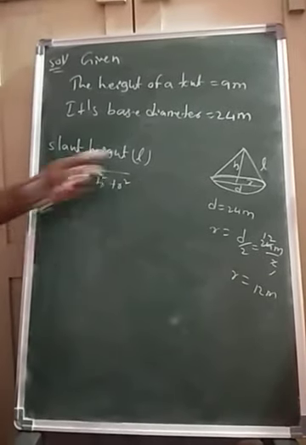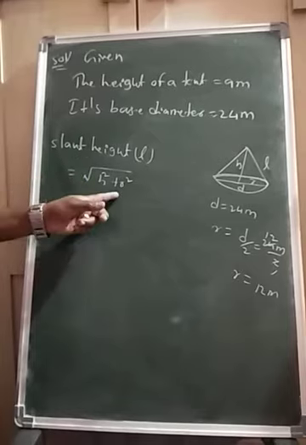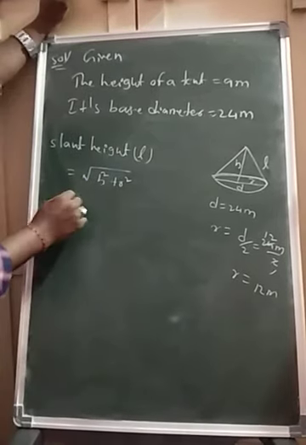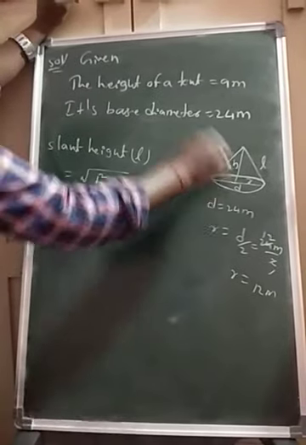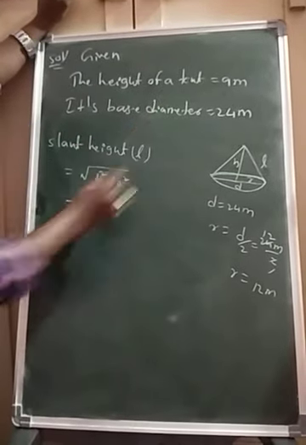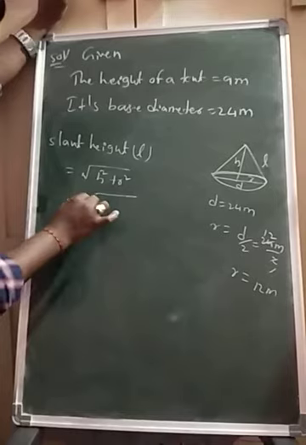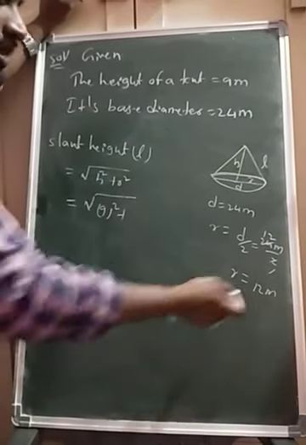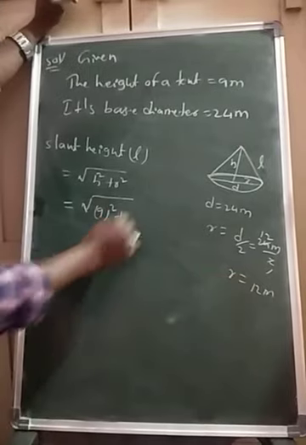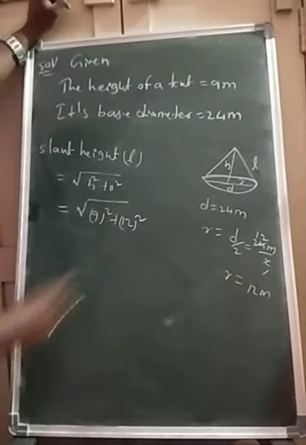Here h is the height of the tent, 9 meters, so 9 whole square plus r square, where the value of r is 12 meters, so 12 whole square.